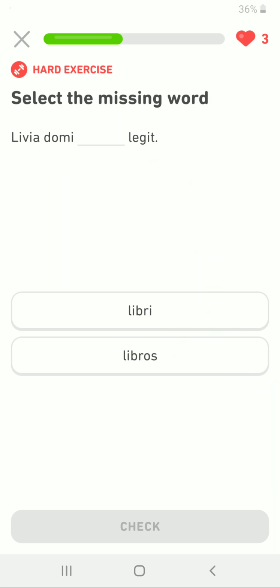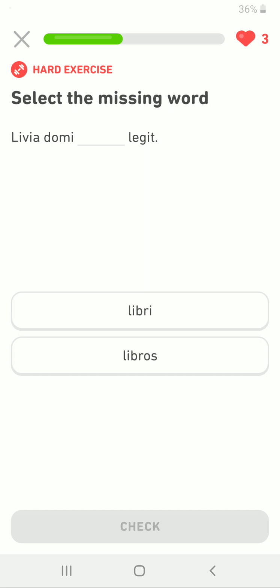But since we have to put it in accusative case, how do you change librus to accusative? So this is a good question.